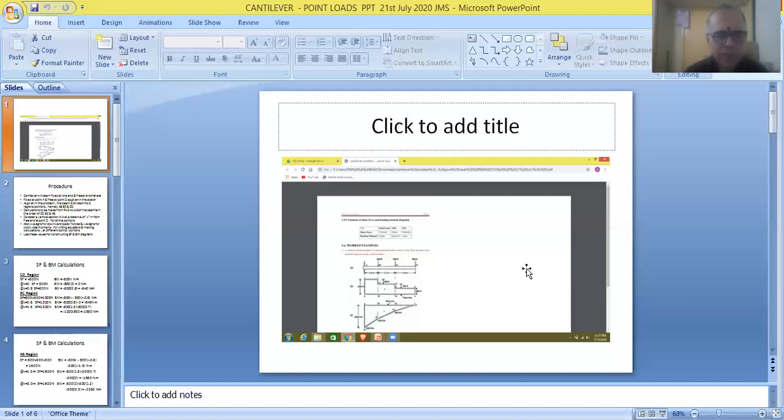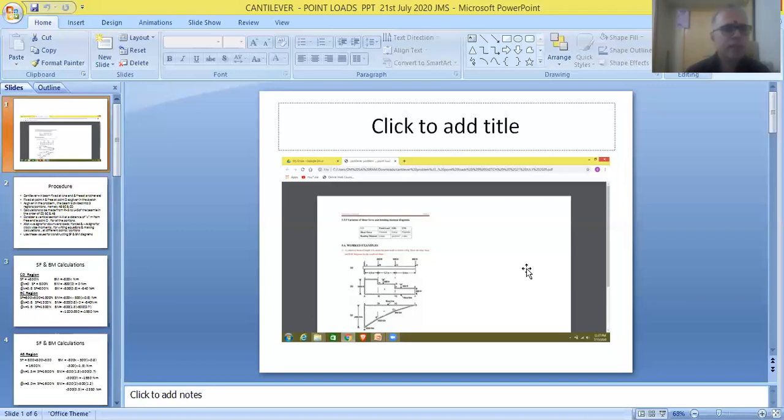So using this data, we have to prepare equations, make calculations, and ultimately construct shear force and bending moment diagrams.